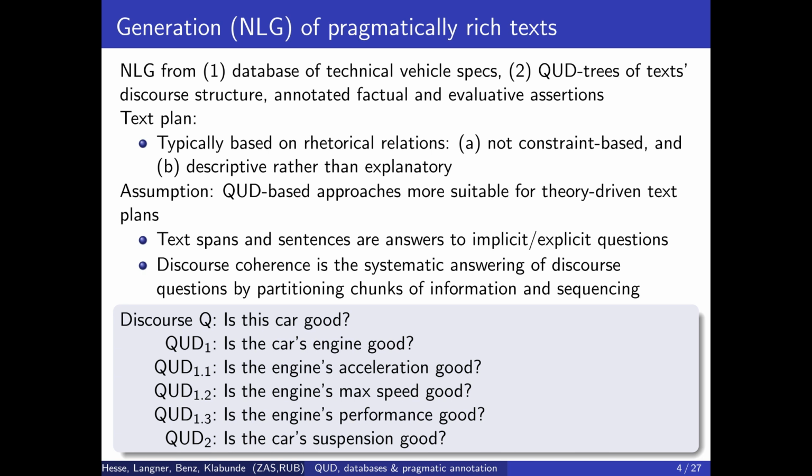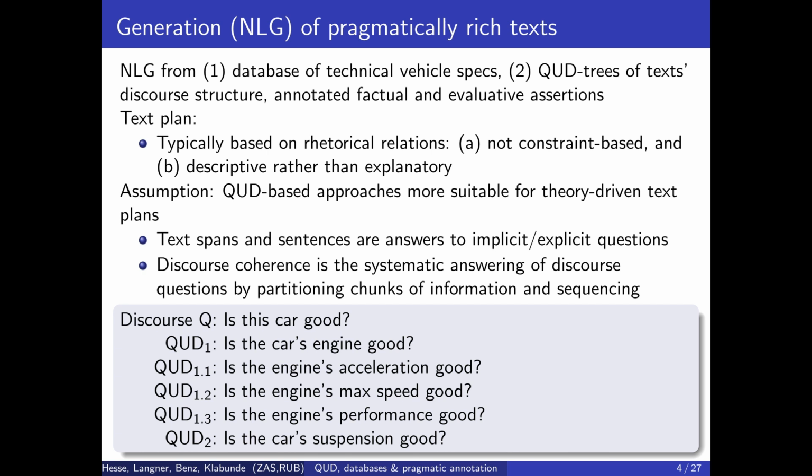However, rhetorical relations are not constraint based, and they are more descriptive than they are really explanatory, and we're trying to have a principled approach which explains certain linguistic phenomena, such as specific types of rhetorical relations like contrast, focus structure, and to predict what sort of rhetorical relations we would need to generate.